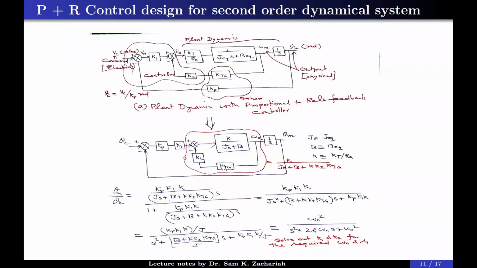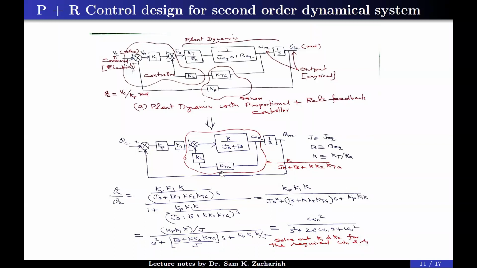Instead of that, if we put the same gain in the forward path, after KP, you have to appropriately normalize the gain using KP. The difference is that the command also gets differentiated, in addition to the feedback path. That will introduce a zero in the closed loop transfer function.